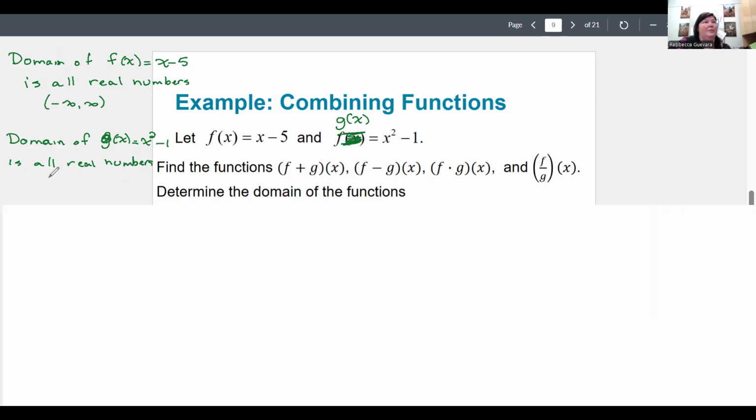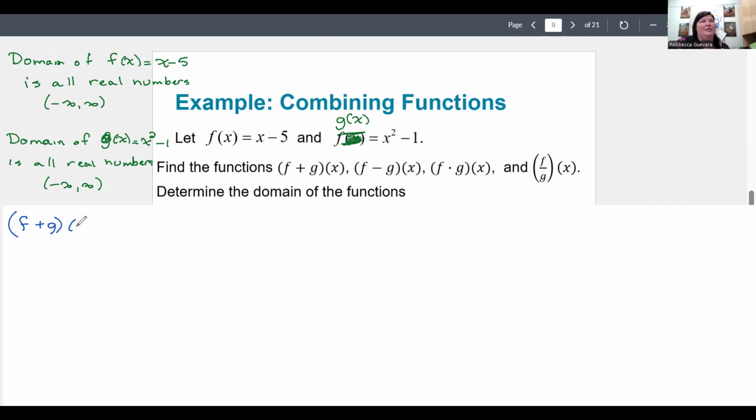We don't see all real numbers very much here. We've been looking at the ones with weirder domains. I'm gonna make this next part easy. So we only have to worry for the most part about what's left out of one of those domains, but since they're all real numbers, the domains that we should see here should also be all real numbers.